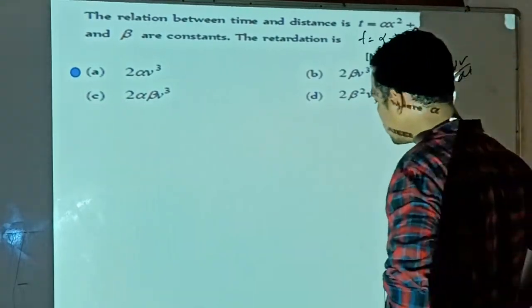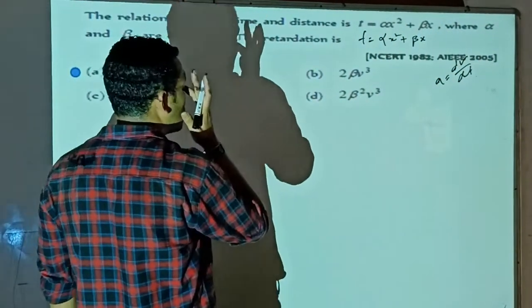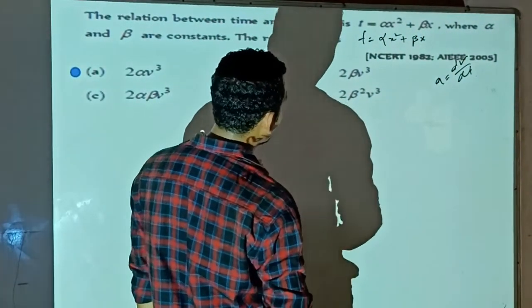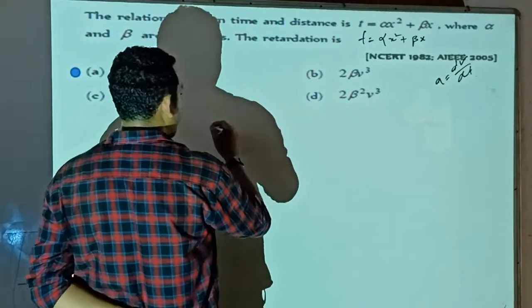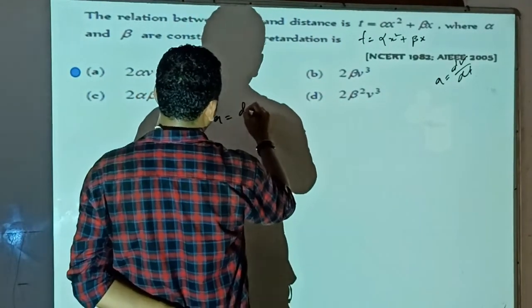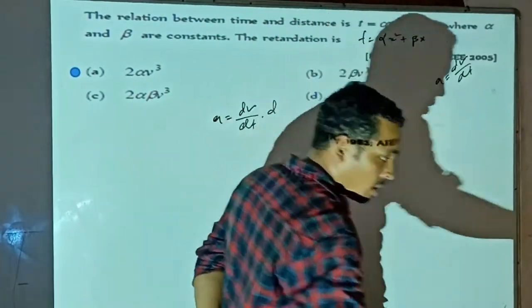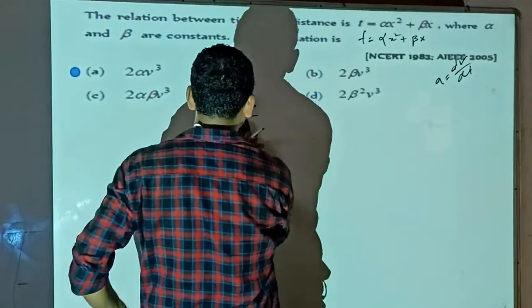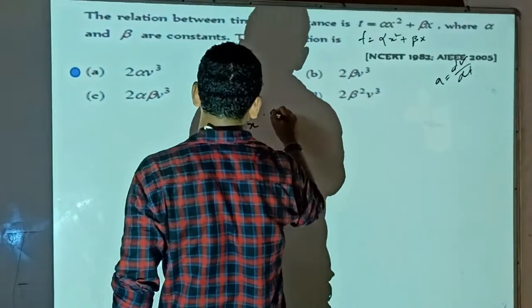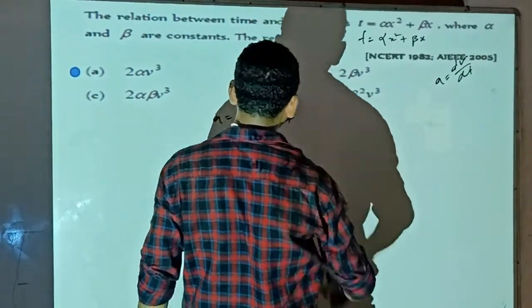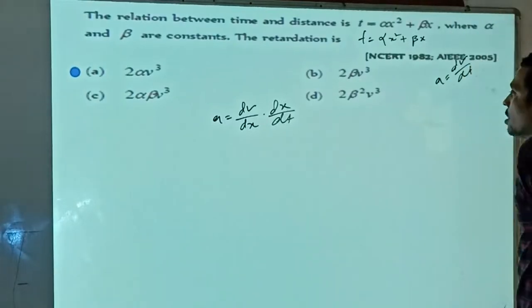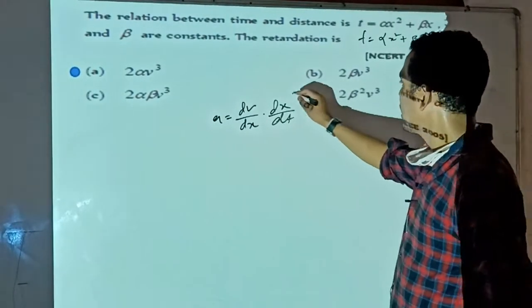Since t is given, a can be written as dv by dt, using the same rule, dv by dx into dx by dt. I think you can get some idea from this equation.